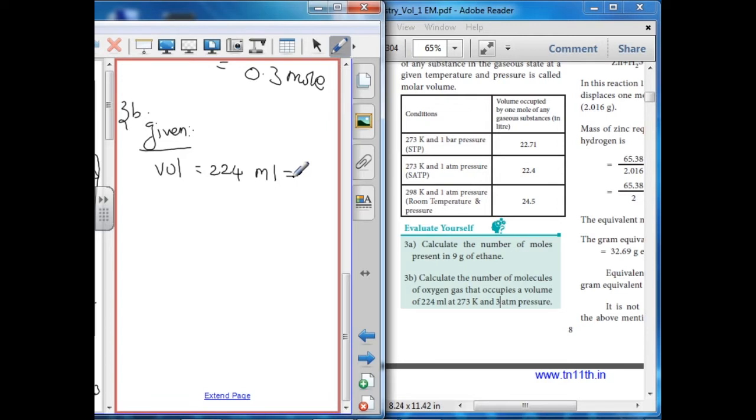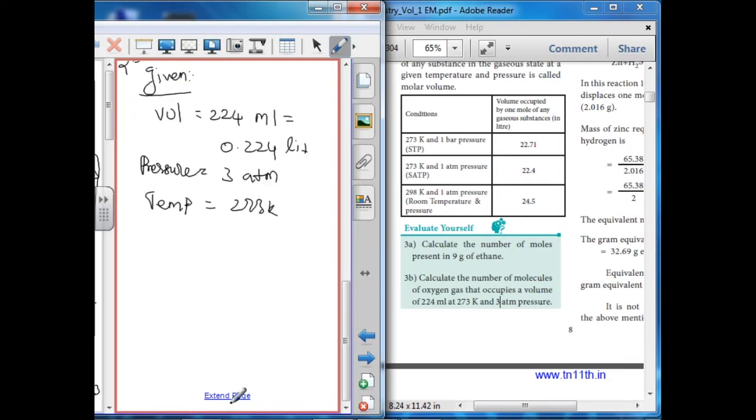First we have to convert it into liter. Milliliter is converted into liter by dividing by 1000. So the answer is 0.224 liter. Then pressure equals 3 atmospheric pressure, and temperature is 273 Kelvin. These are given in the problem.